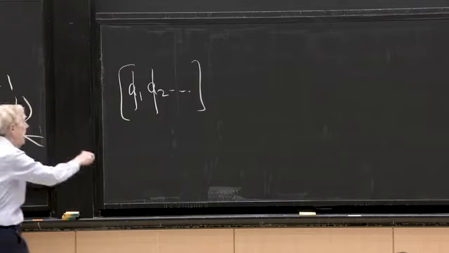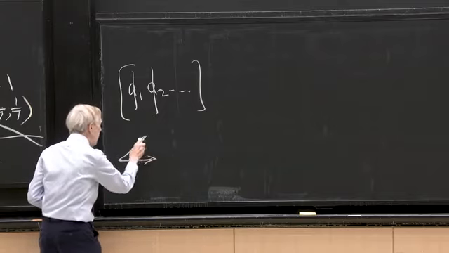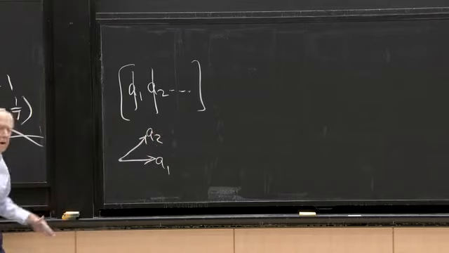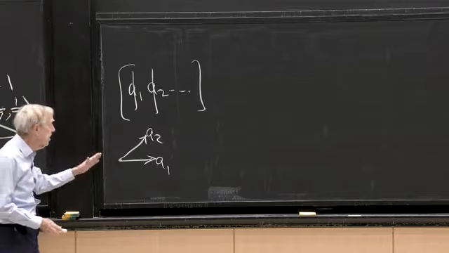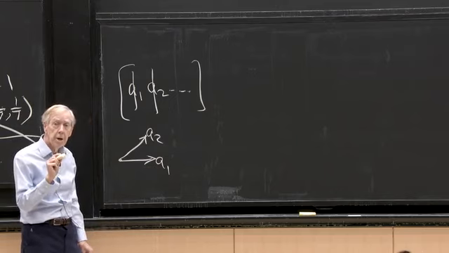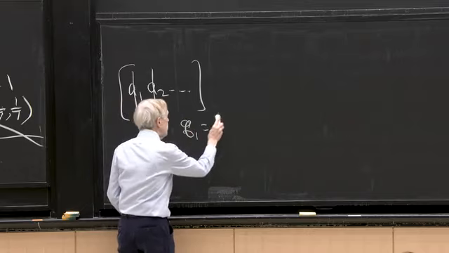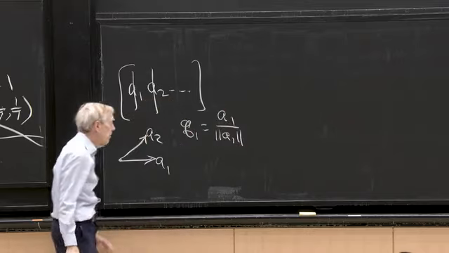These a's are not orthogonal, generally. But the first direction is okay. I have no complaints about the first direction, except that a1 might not be a unit vector. So q1 will just be a1 over its norm, to have a unit vector.